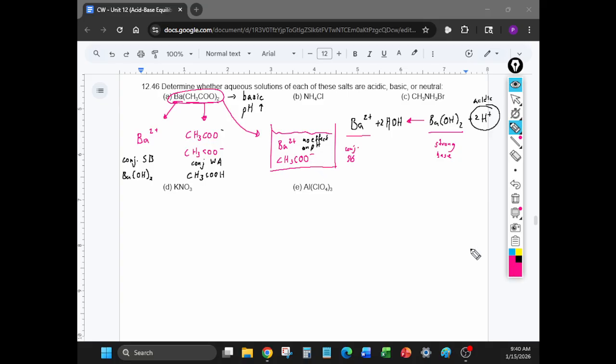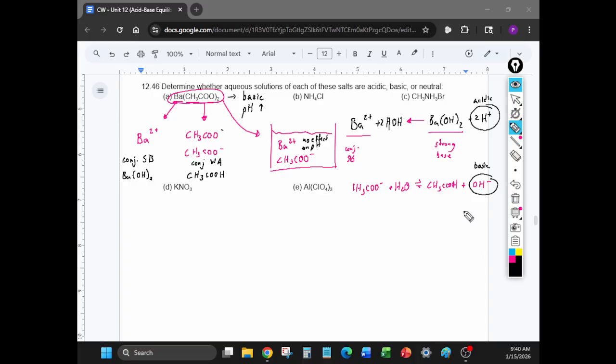Let's take a look at what acetate does to the water. CH3COO-, if this goes into reaction with water, is going to go into equilibrium. It's going to take a hydrogen to form acetic acid. And if you take a hydrogen, you're left with OH- left over. If you have more OH- in solution, it's going to make it more basic.